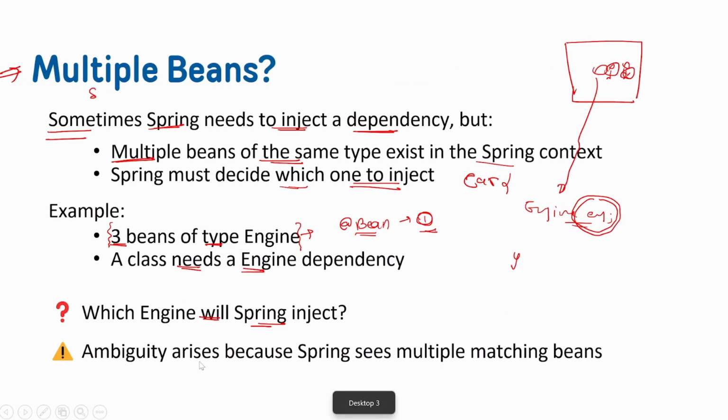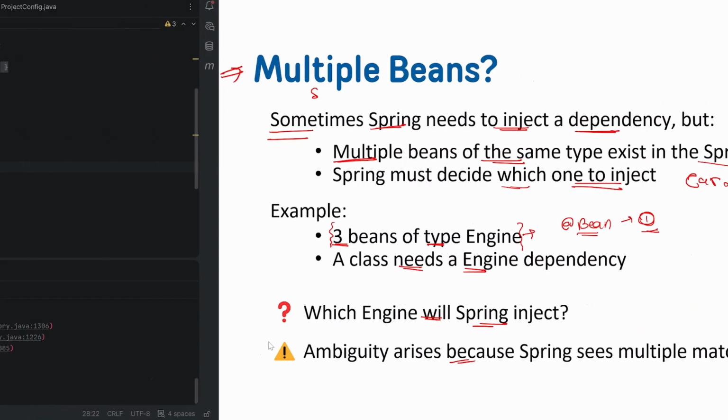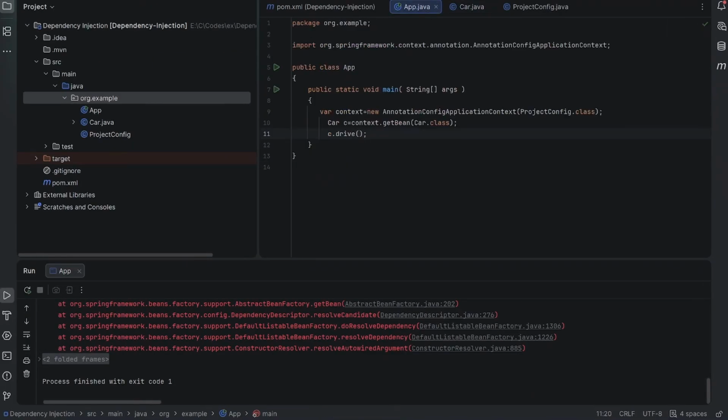In the Spring context we have three engines, E1, E2, and E3, and Spring tried to create the car class dependent on the engine. When it tried to inject the engine, it sees three engines. Spring will not know which engine to inject, and therefore it gives us the error. Let's try to run it.